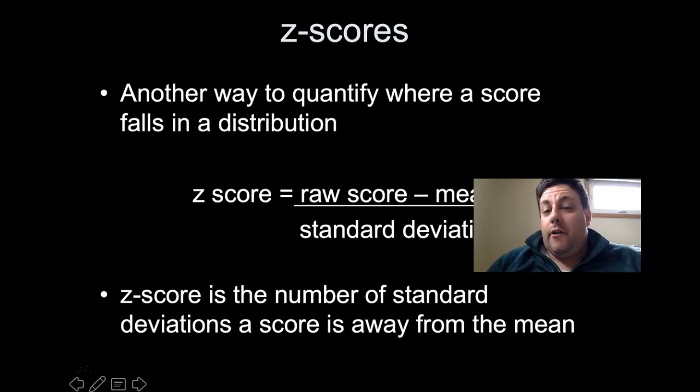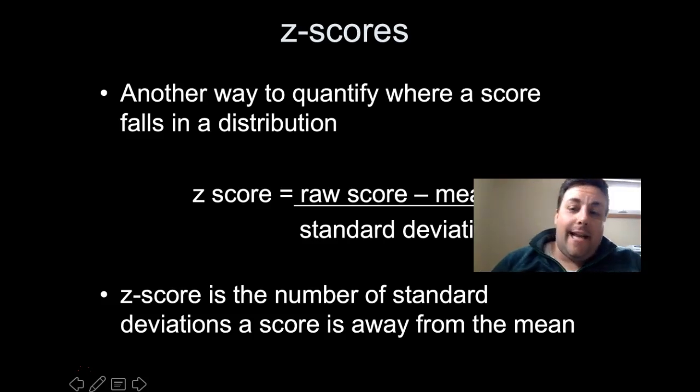A z-score that's very small would mean that it occurs very close to the mean. A z-score that is very large means that it occurs very far away from the mean. Same thing if we were to look at positive and negative. A z-score that is positive means that it occurs above the mean.